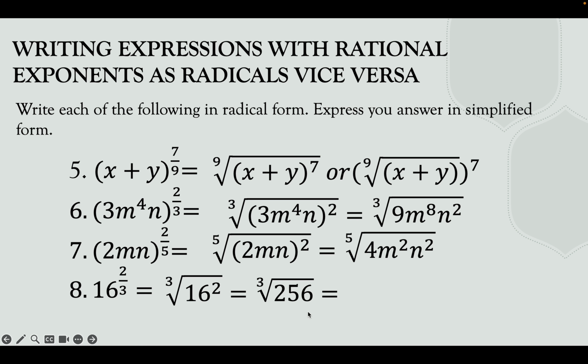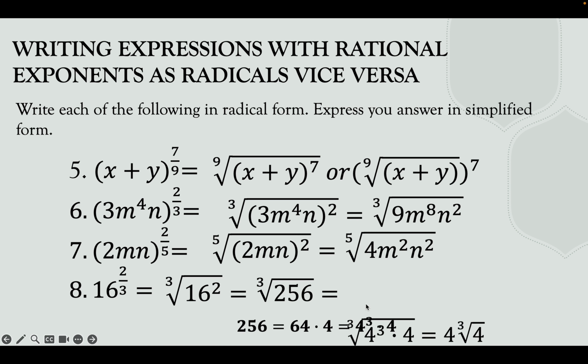To simplify the cube root of 256, we can write 256 as 64 times 4, to factor the radicand. Now 64 can be simplified into 4 raised to 3. That is 4 times 4 times 4, which is 64, times 4, you will get 256.